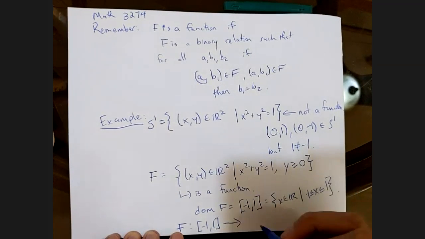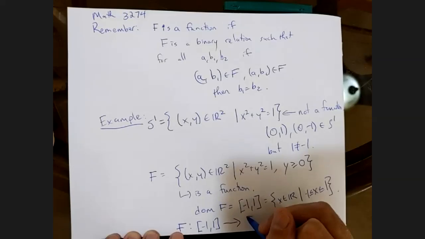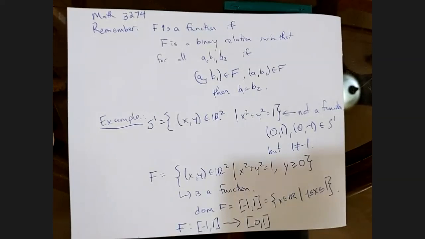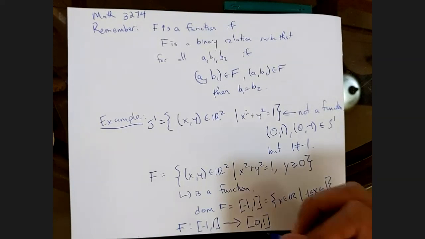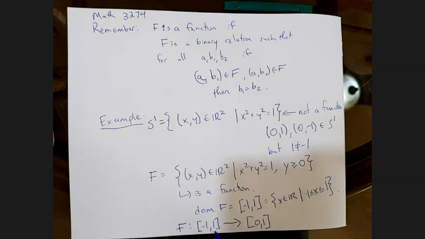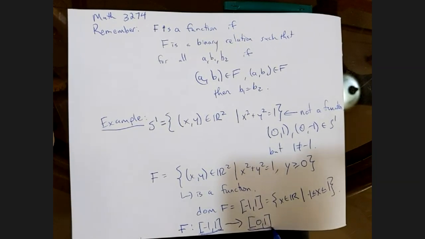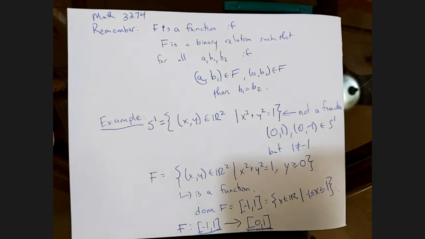We could just put the interval [0, 1]. So this notation means that the domain is this set, all the real numbers from -1 to 1, and this notation means that the range of f is a subset of this set, in this case, an interval.